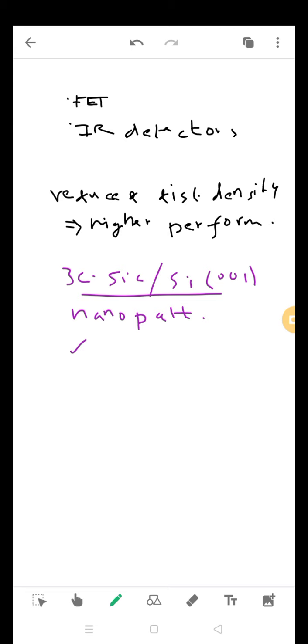One is called electron beam lithography, and the second one is called self-organized colloidal mask.